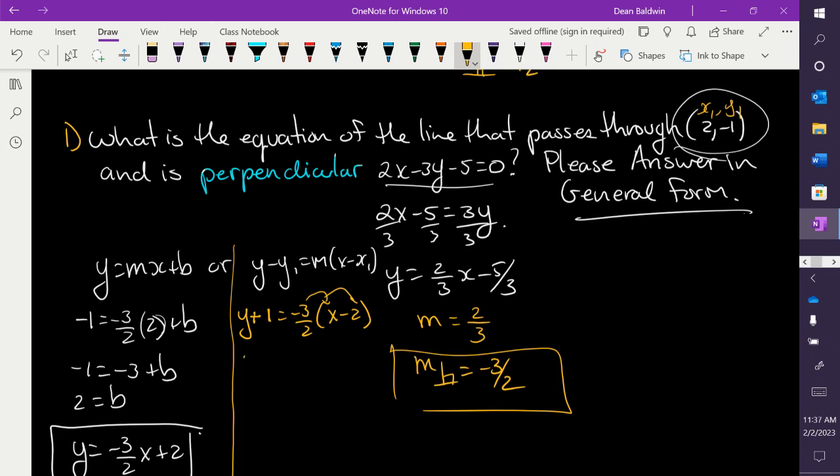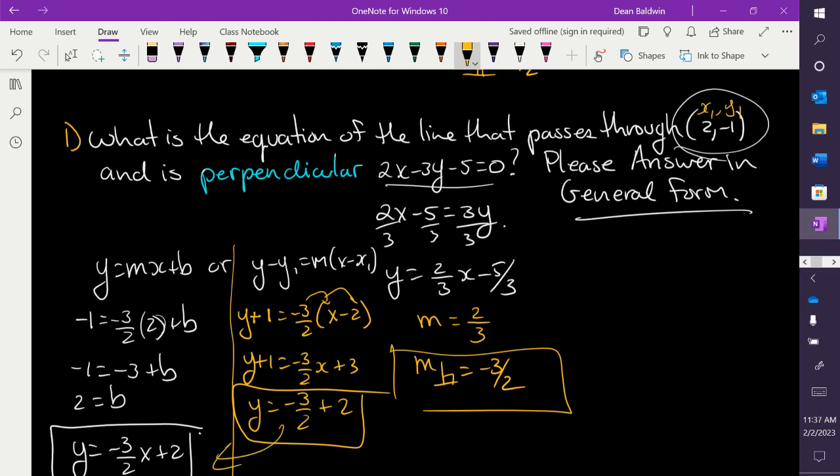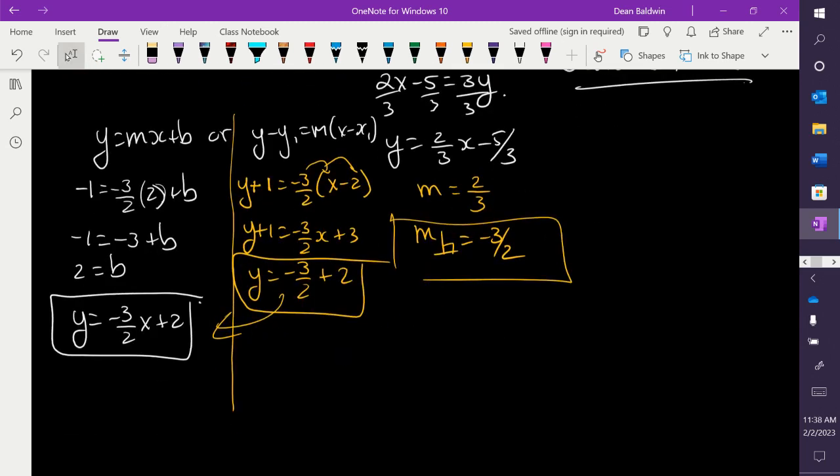Dump this in. -3/2 x. The 2's will cancel. I get +3. Move the 1 over. 3 minus 1 is 2. And you get the same thing. We okay with that?